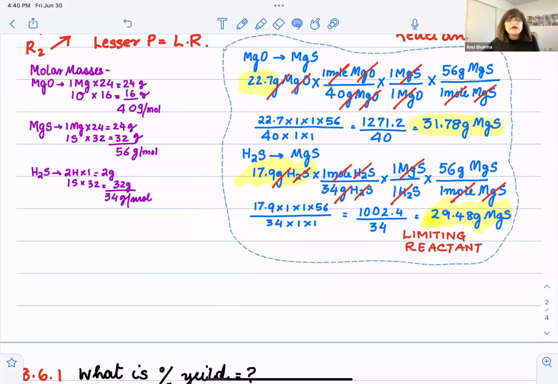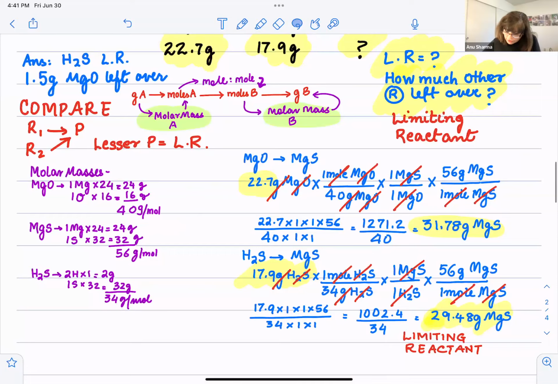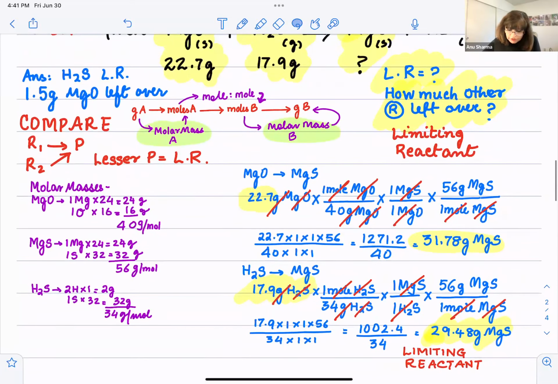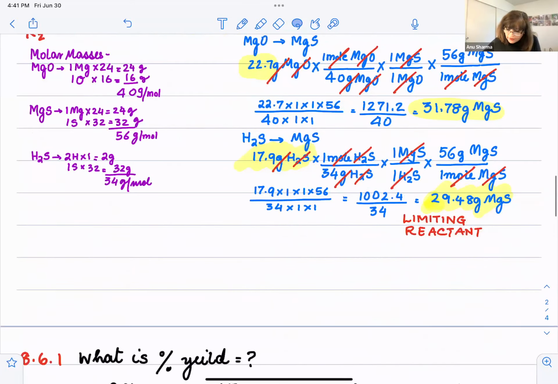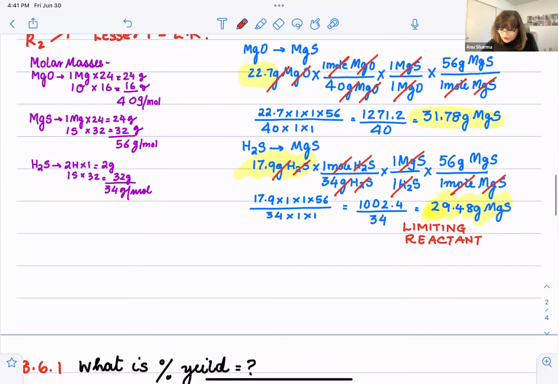All right. Okay. So this is the answer here. Now we are going to look at how much of the magnesium oxide is left over. So in other words, this is looking backwards. We clearly know that all of the H2S that you're using is going to be used up, right?